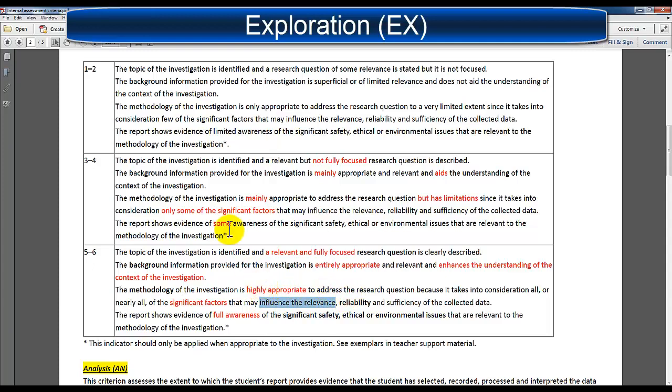So if you forgot to mention a certain control variable, or even if you mention it, you did not do anything to control it, then you will fall into the middle band. So thinking about what the control variables are and trying your best to really keep them constant in a scientific, systematic way will help you to reach this descriptor.